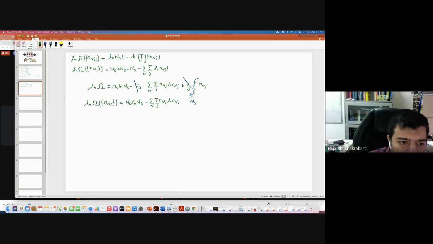So basically now I'm going to maximize this. So what I'm going to do, I'm going to do del by del nj of, I hope you remember, ns ln ns minus this is fine. But then you have constraints. What are the constraints?